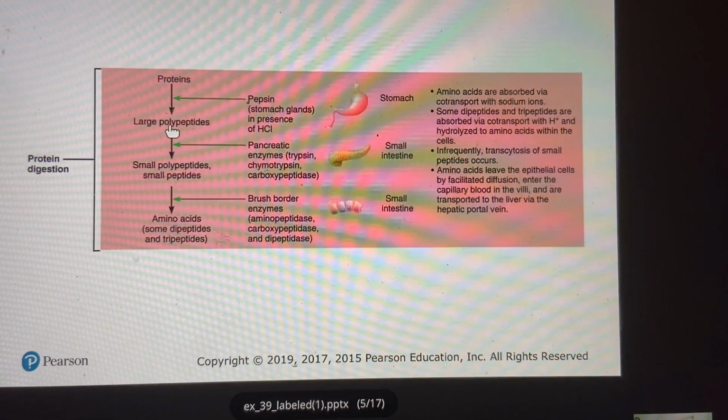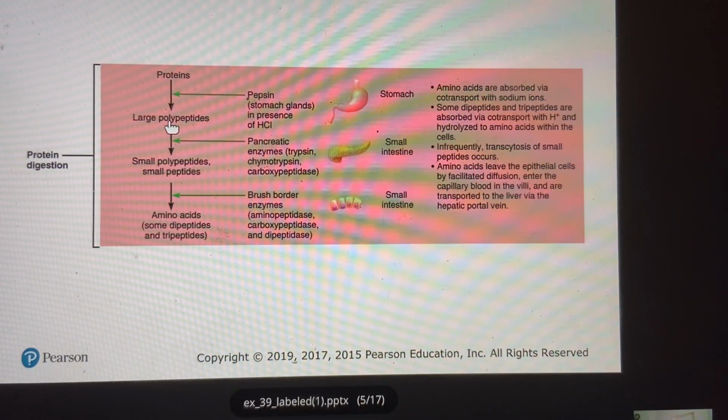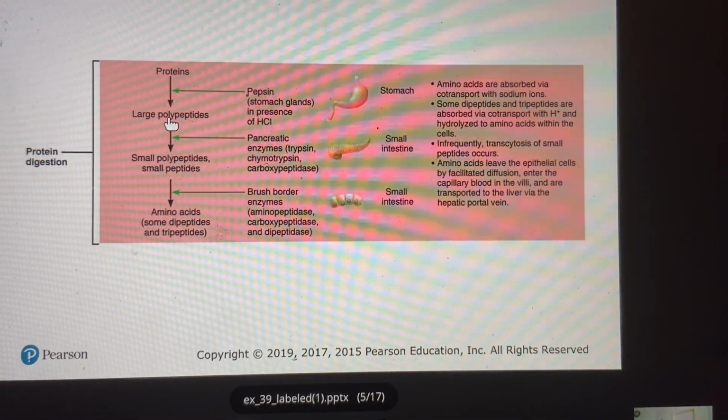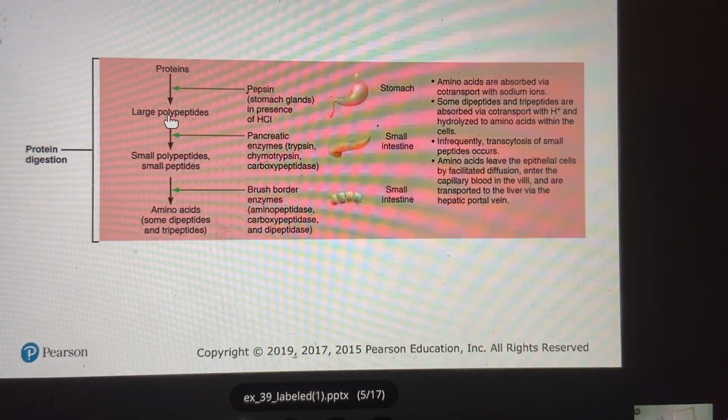If you remember in your bio, when you say polypeptide, these are still large proteins.